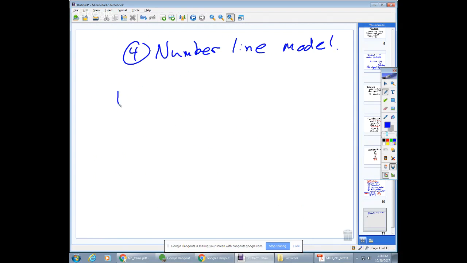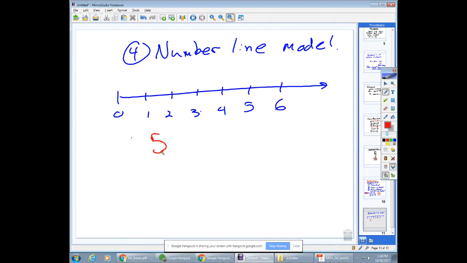So with the number line model, we have to have a number line starting with 0. And there's a couple of different versions of it. If I wanted to demonstrate 5 minus 2, or 5 minus 3, just doing.